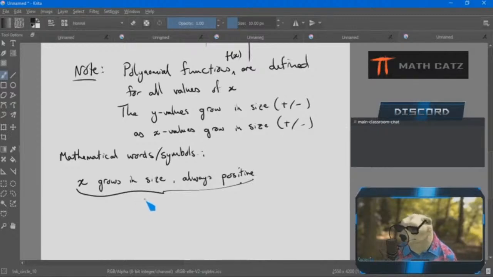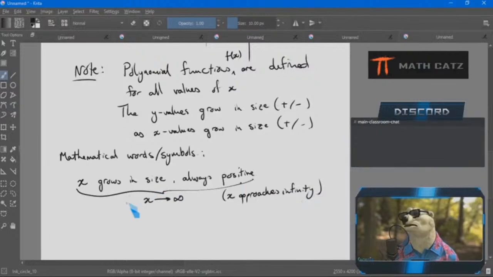We're going to represent that by x, that's my variable name, then an arrow, and then infinity. And we will casually say x approaches infinity. But that is just a short way to represent the behavior of x values.